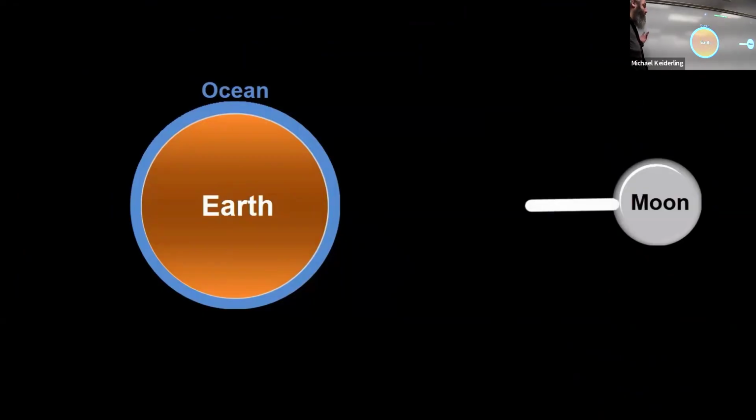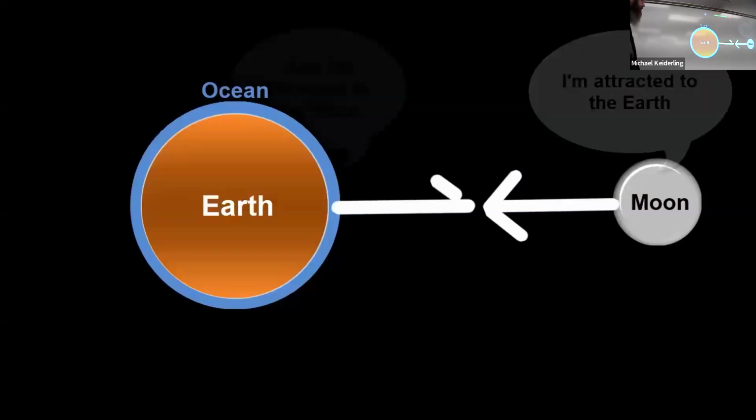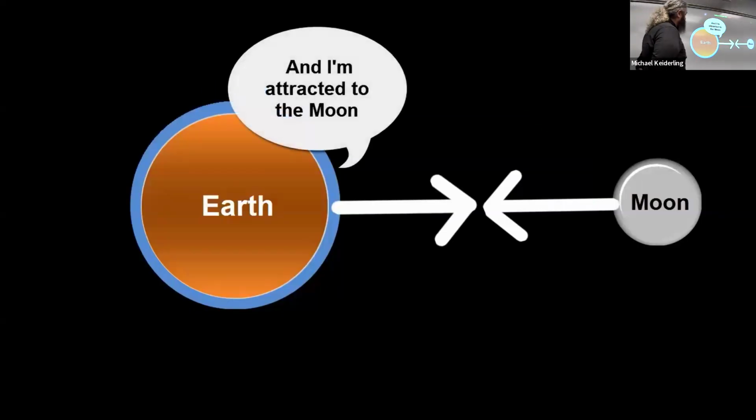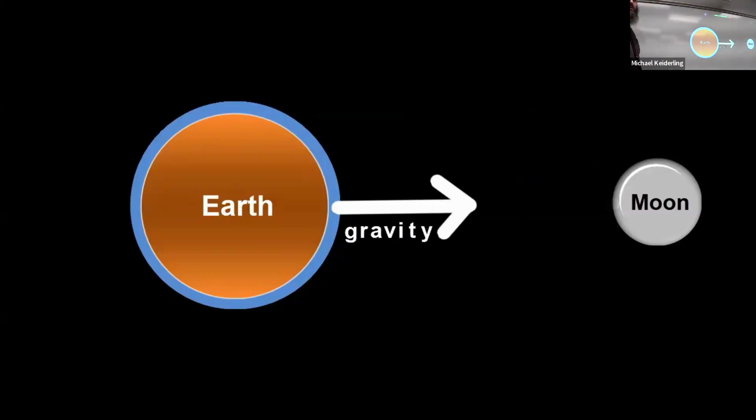So the moon is attracted to the Earth, and the Earth is equally attracted to the moon. Notice that the two force arrows are the same length, showing that gravitational attractions are of equal strength. But we're only interested in the force on the Earth here.